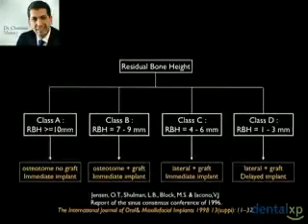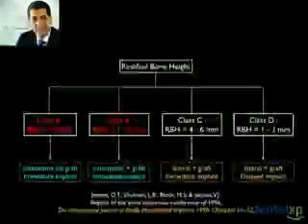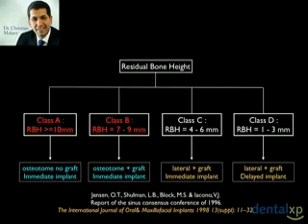If we go back once again to Jensen and co-workers and the consensus conference on sinus that was published in 1998, we would see that the two indications at that time for the crestal approach were whenever we had 7 to 9 millimeters of residual bone height or more than 10 millimeters.